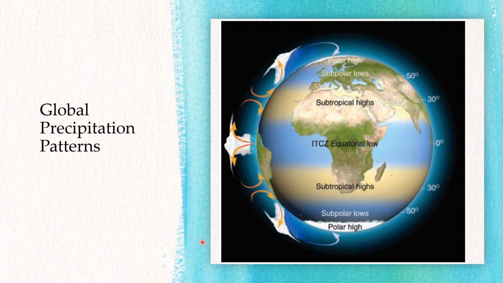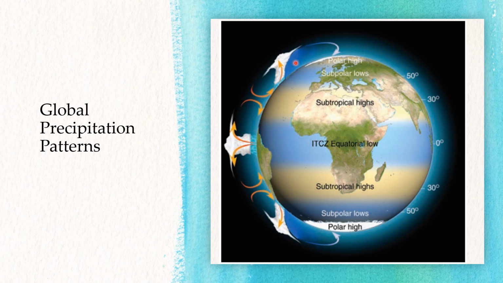For example, as shown in this figure of the globe, the rising and sinking of air illustrated on the left side of the globe is associated with the major pressure systems of the Earth's general circulation. Where the air rises, you have to take note that the precipitation tends to be abundant, here in these blue regions.